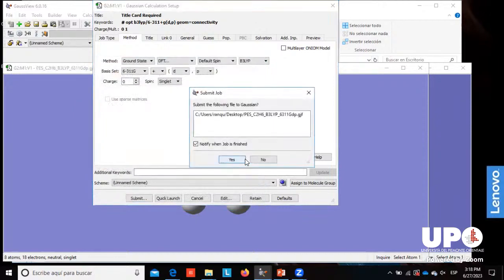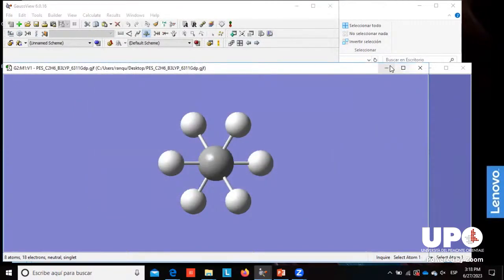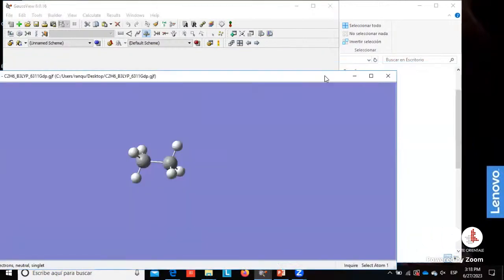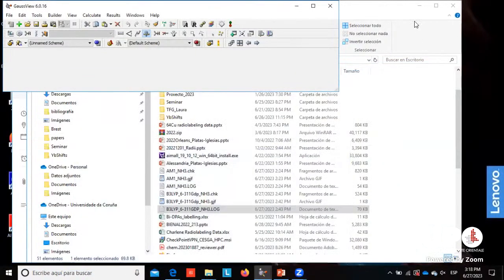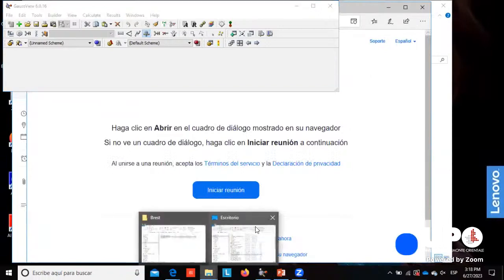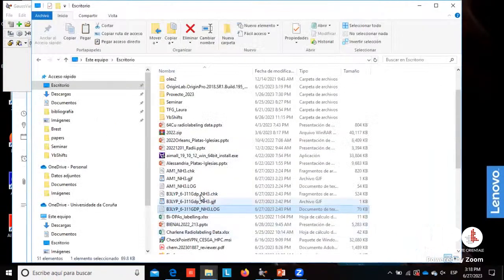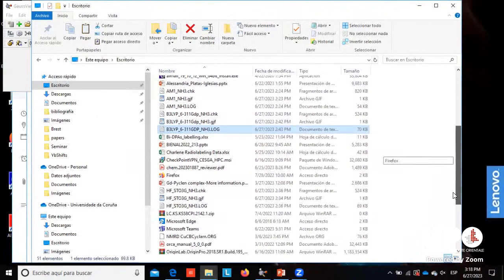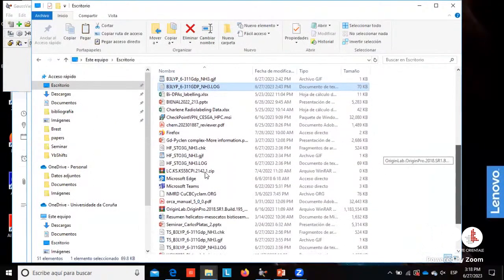So that I know, but I will not submit it to Gaussian. It is easier, instead of giving instructions with GaussView, opening the file here and modifying it here. Should be called PES something. Where is it?